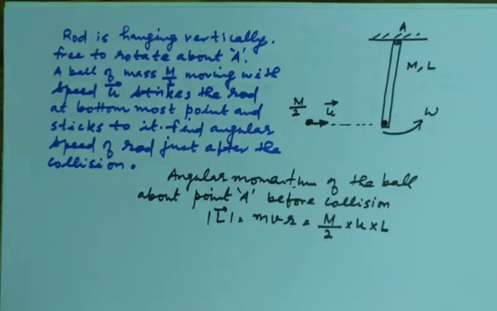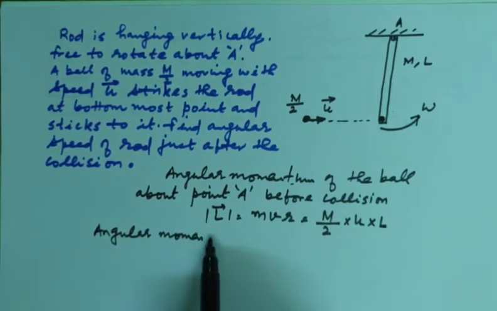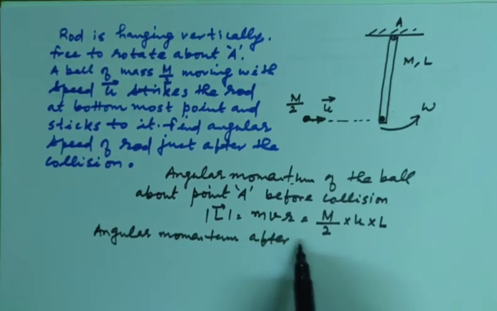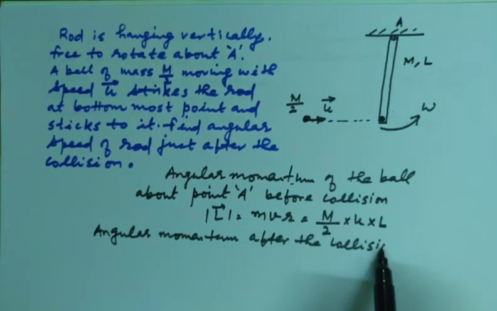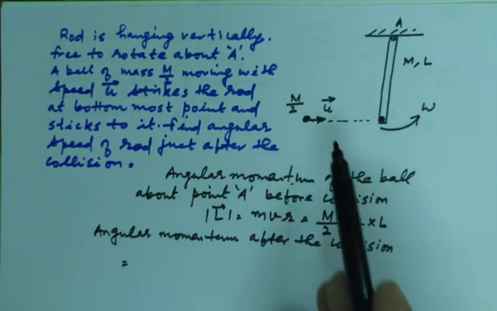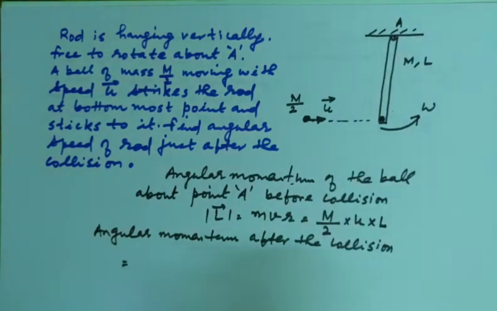Now, if the rod and ball system moves with angular speed omega, then angular momentum after the collision would be the sum of angular momentum of the ball plus angular momentum of the rod.